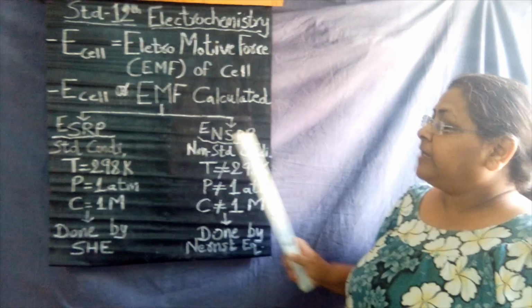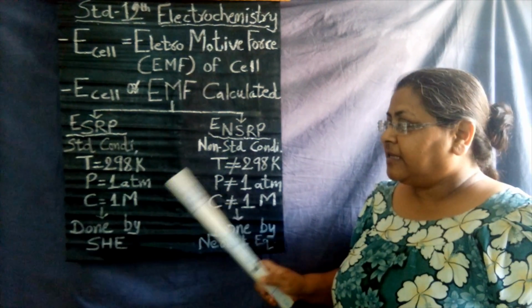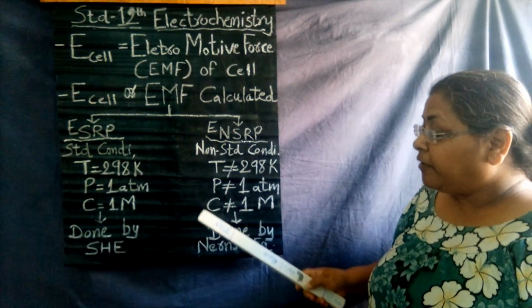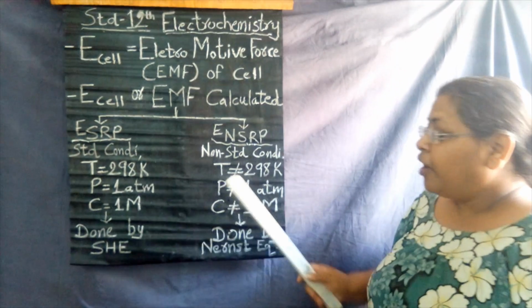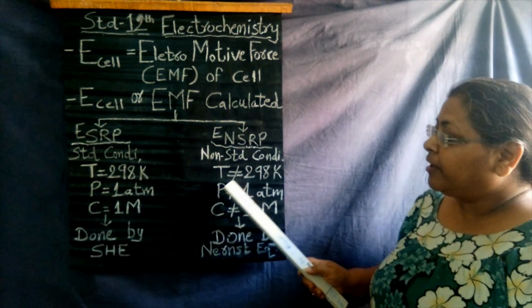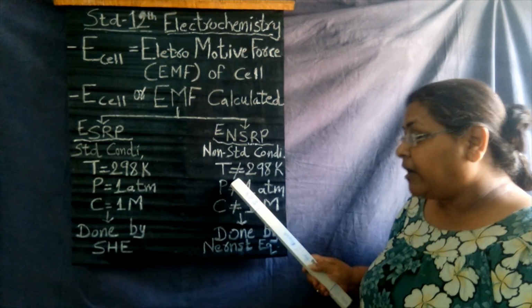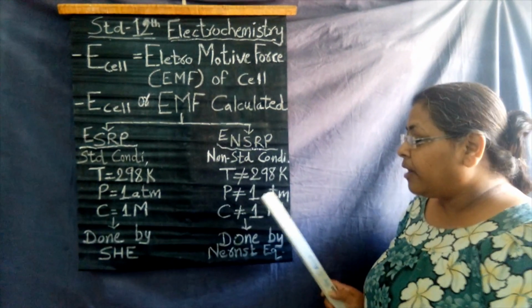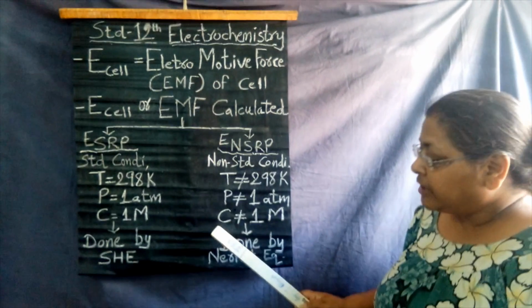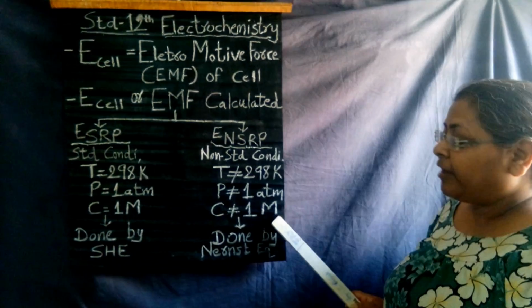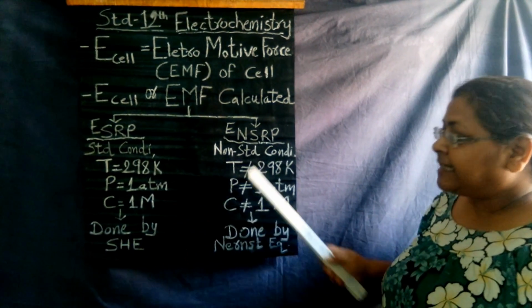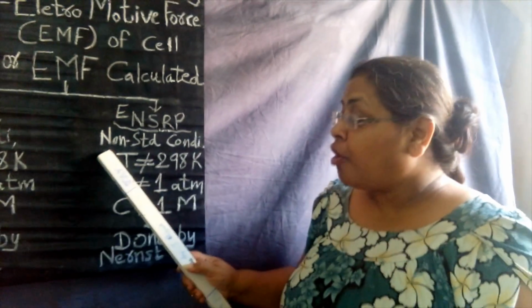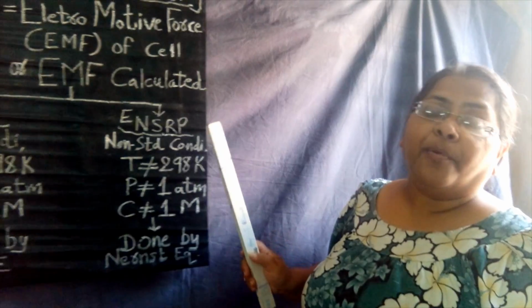non-standard reduction potential. This means the condition which we termed as standard condition is not fulfilled, not satisfied. You can see here I have written temperature not equal to 298 Kelvin, pressure not equal to 1 atmospheric pressure, concentration not equal to 1 molarity. Not equal to suggests the idea of non-standard reduction potential.